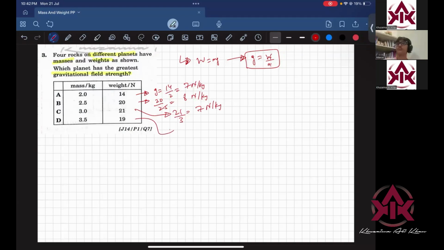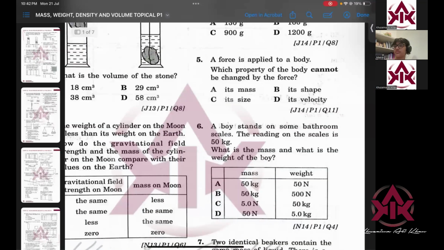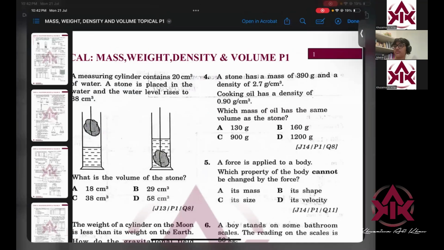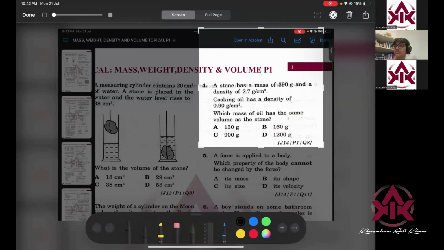And then we have 19 upon 3.5, that is coming out to be 5.43 Newton per kg, right? So which planet has the greatest gravitational field strength? That is option number B. Make sense? Yeah. Okay, good. So let's go on towards the next question in the pipeline. That is question number 4.